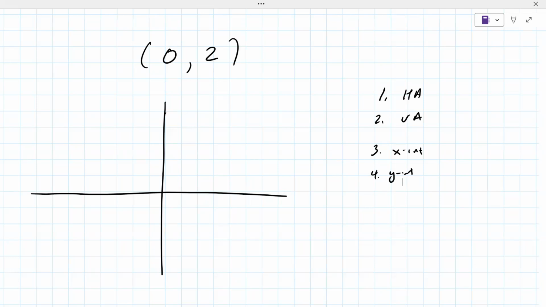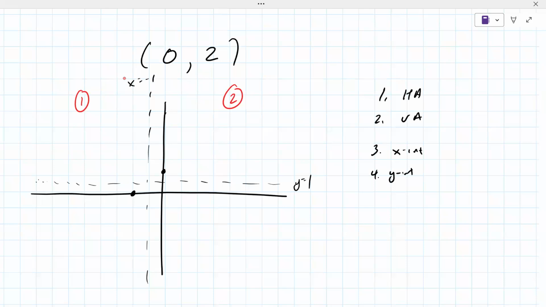All right, I am back. So again, your graph should look something like this, like we did before. X equals -1, and then there are 2 points that you've plotted. So now there's really two regions: region 1 on the left, region 2 on the right.